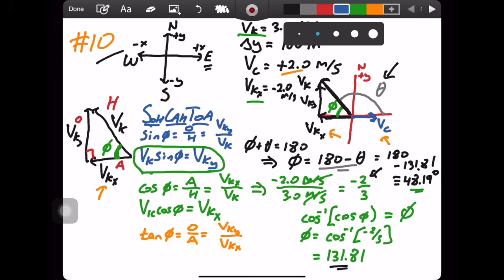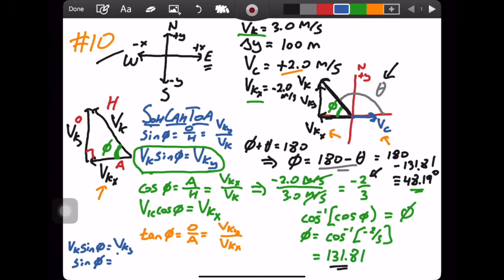So I'm going to go back to blue, and if VK sine phi equals the y component of the kayaker, that means sine of phi is equal to VKY divided by VK.